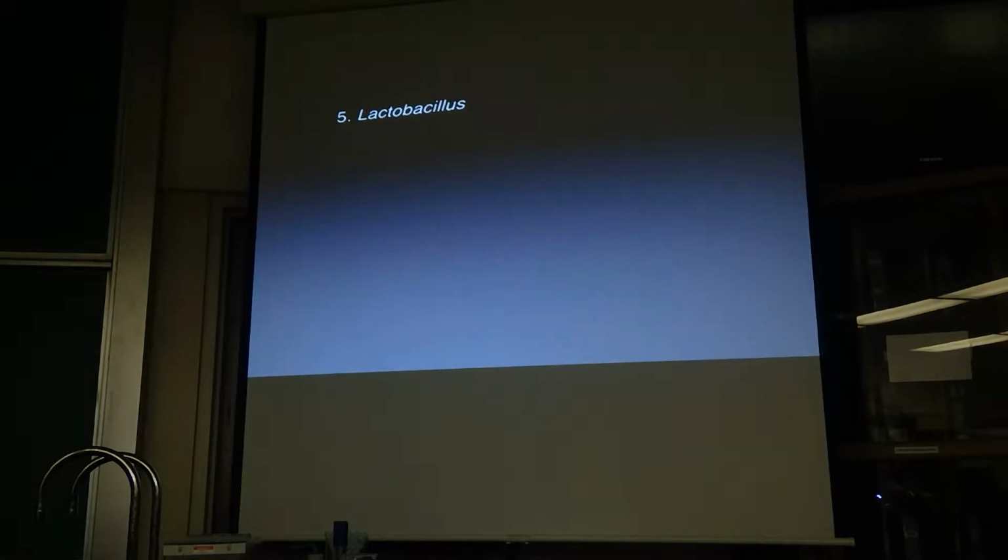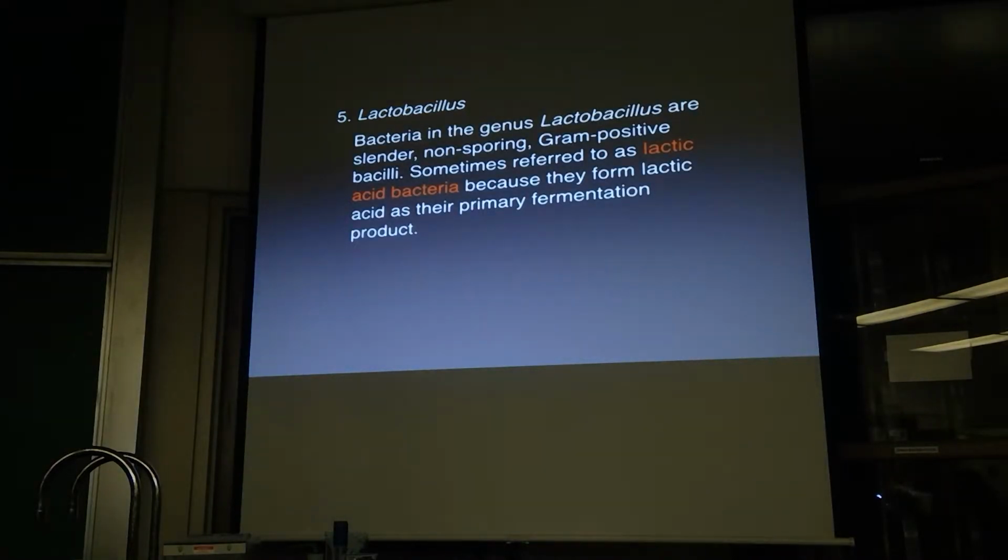Okay, the next genus is Lactobacillus. This one, the bacillus in the name tells you that they're going to be rod-shaped organisms. The lacto in the beginning has to do with these guys producing lactic acid. So these are gram-positive bacteria, and they are among multiple organisms that are sometimes referred to as lactic acid bacteria because they produce lactic acid as a waste product of the fermentation activity.